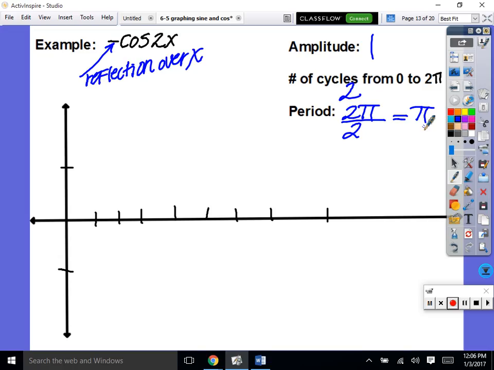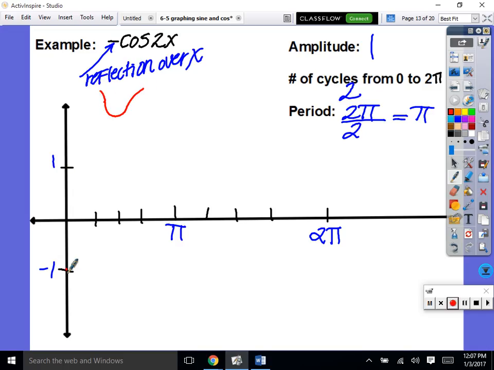So over 1, 2, 3, 4, puts us at pi. 1, 2, 3, 4 puts us at 2 pi. I didn't spread that out very well, so that's not going to be very pretty. Our amplitude's 1 and negative 1, so it's just 1. And then because of the reflection over the x, just a reminder, cosine looks like this. Oops. So now instead of being up here at positive 1, won't we start at negative 1?